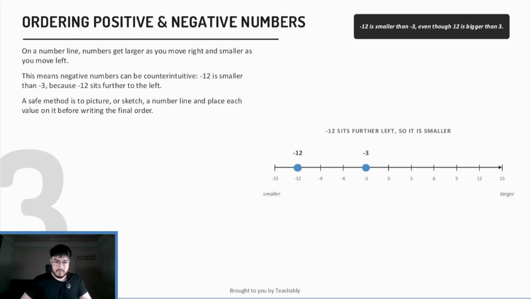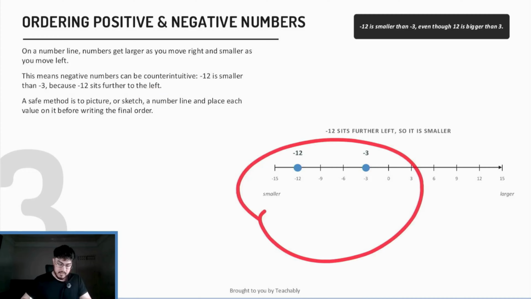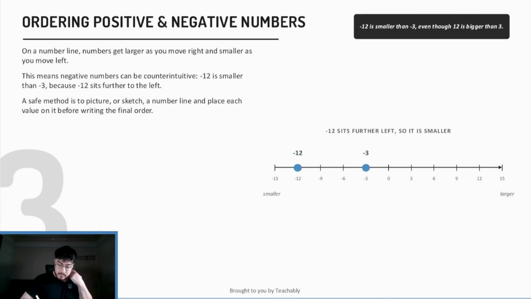So this means negative numbers can be counterintuitive. Minus 12 is smaller than minus 3 because minus 12 sits further to the left. We'll visualize this. Well, actually, it's right there. We've got minus 12 on the negative left. We've also got minus 3 on the negative left, but it's more to the right.